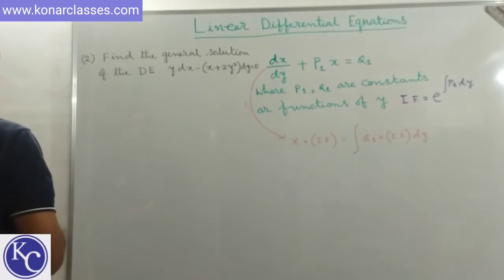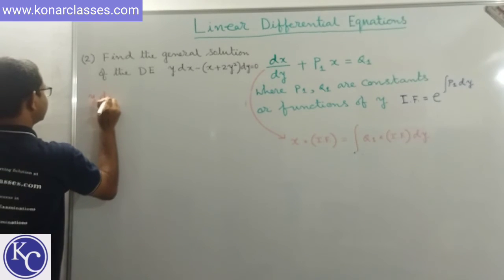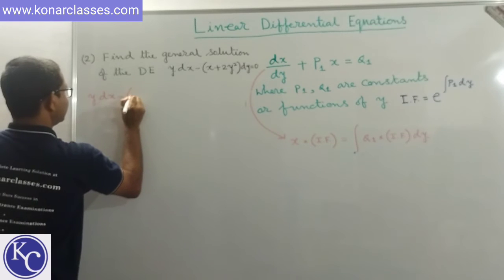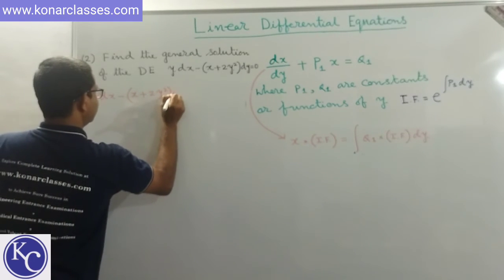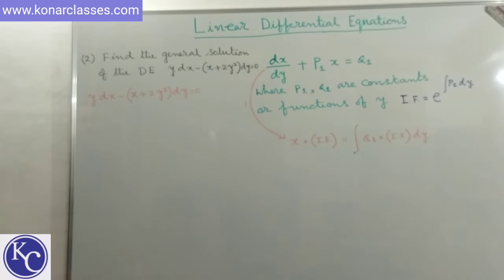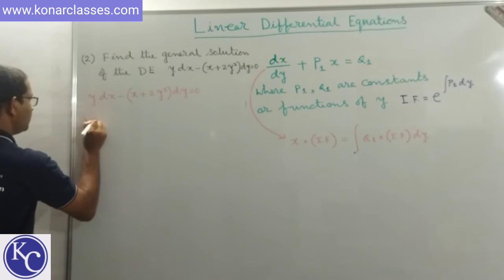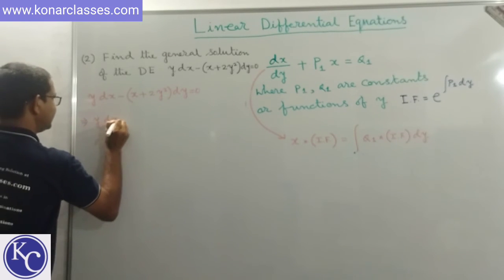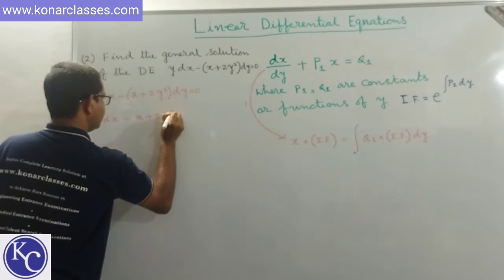Dear students, the equation is y dx minus (x plus 2y square) dy equal to 0. That means we can write, dear students, y dx is equal to (x plus 2y square) into dy.